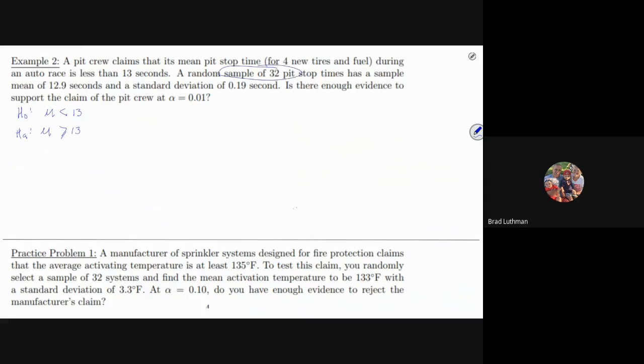There was a random sample of 32 and the sample mean was 12.9, the standard deviation of this sample was 0.19, and we want to test this at a significance level of 1%, right? Because we had a random sample of 32, we're going to use a z-test.